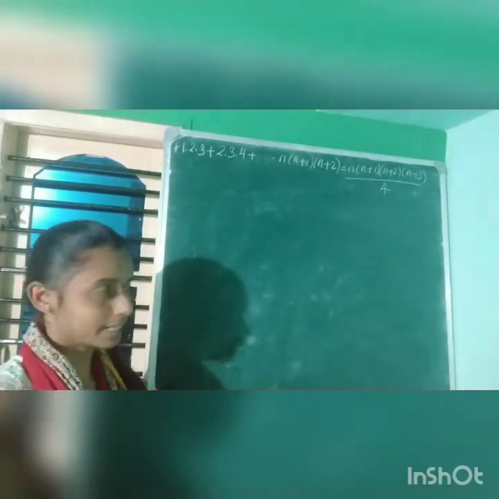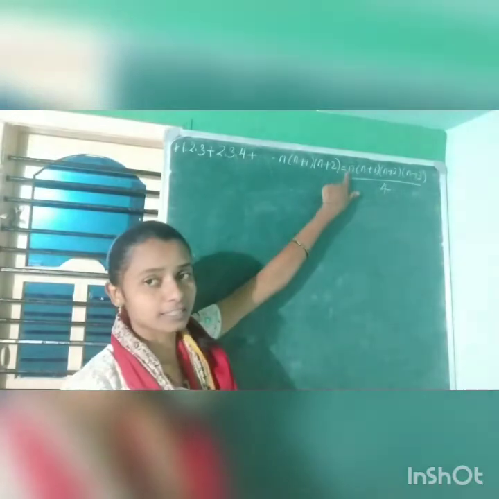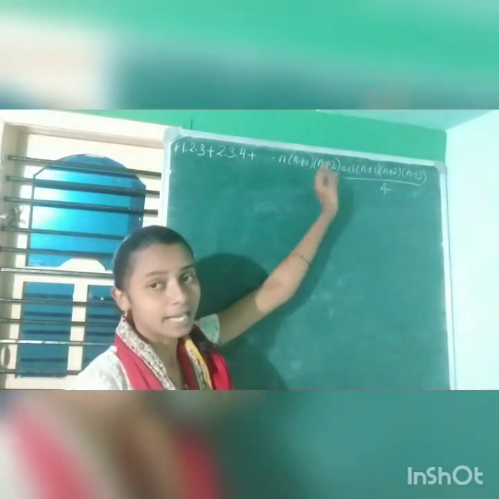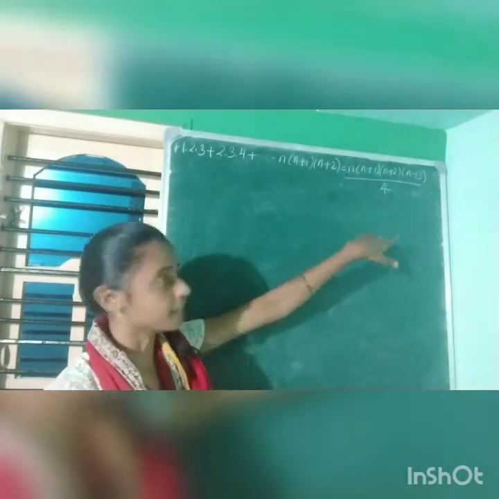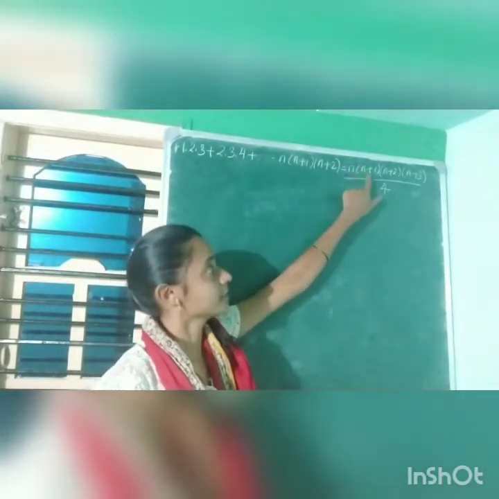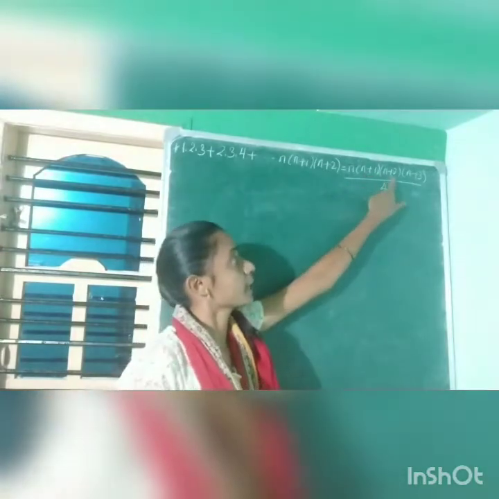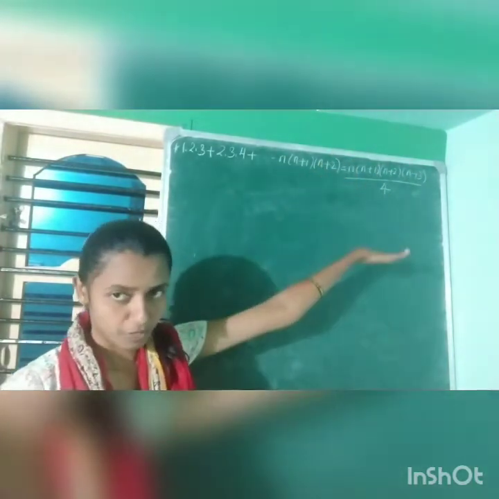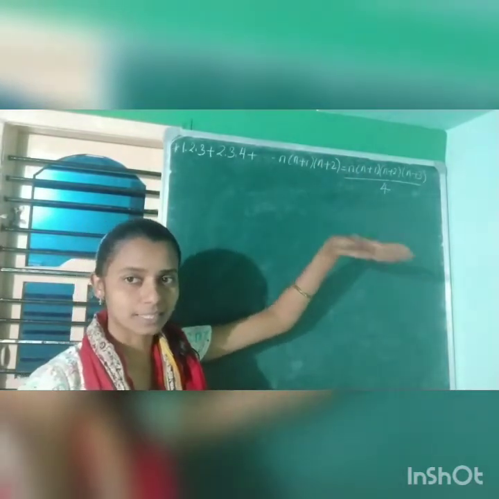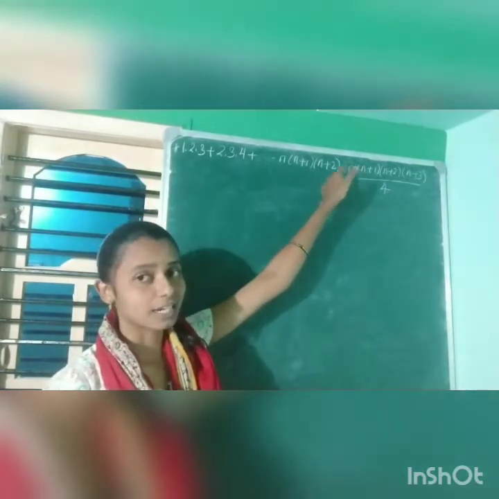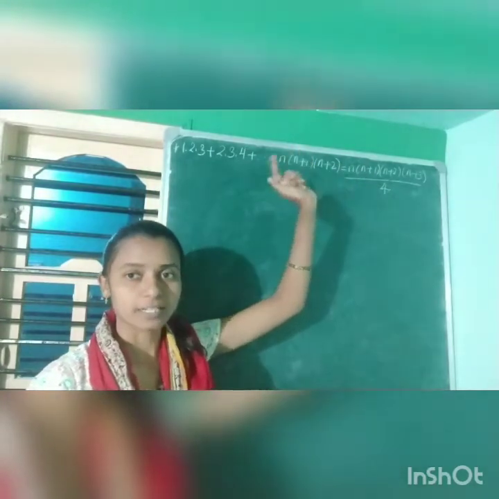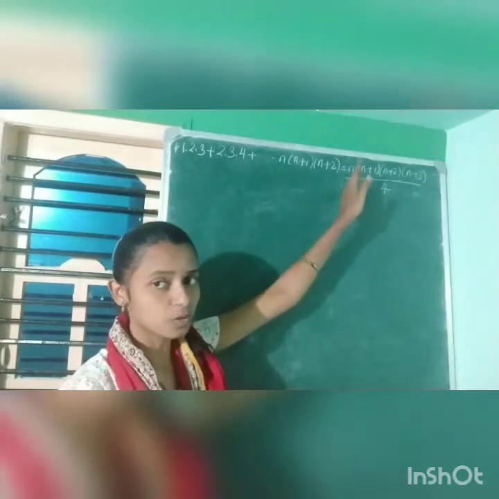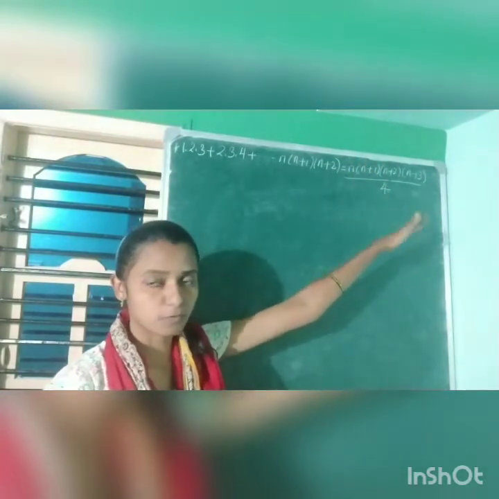When you say that is true, it means wherever the n is there, you need to get k plus 1. That means at the last you should get the statement like k plus 1, k plus 2, k plus 3, k plus 4 divided by 4. After the simplification, wherever the n is in the given statement, you should get k plus 1, which is nothing but k plus 1 into k plus 2, k plus 3 into k plus 4 divided by 4.